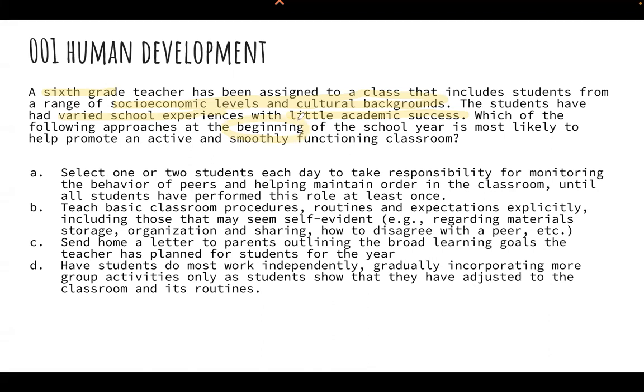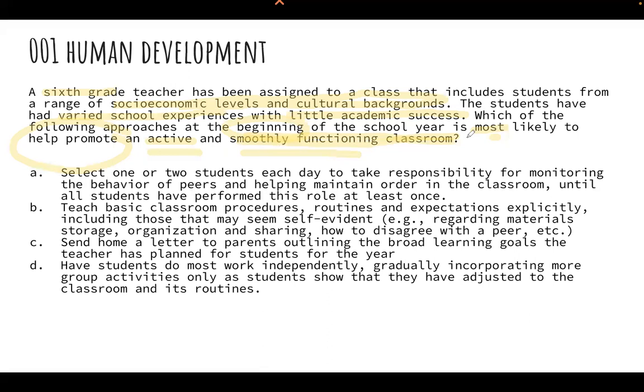So which of the following approaches at the beginning of the school year is most likely, there's that most again, to help promote an active and smoothly functioning classroom? We want the students to be able to function smoothly.